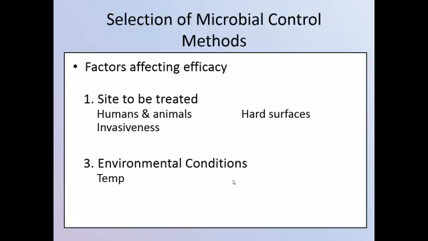Temperature will affect the operation of most microbial control methods, unless the control method is temperature in and of itself. Think of it this way. In the previous chapter, we talked about microbes, how they have optimum temperatures because their enzymes and their structural proteins and their lipids and their membranes are all operating at optimal temperature or optimal vibrational energies.